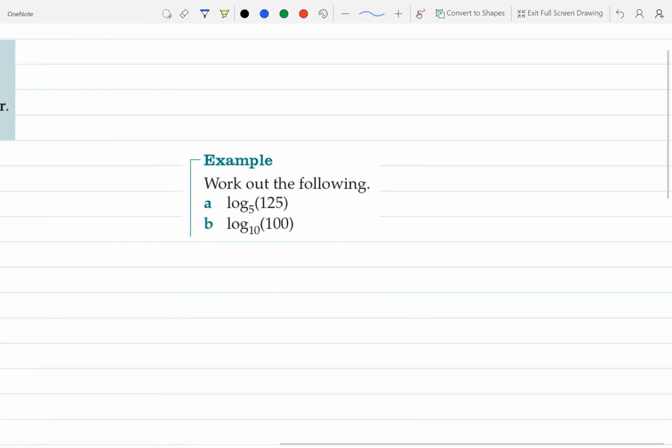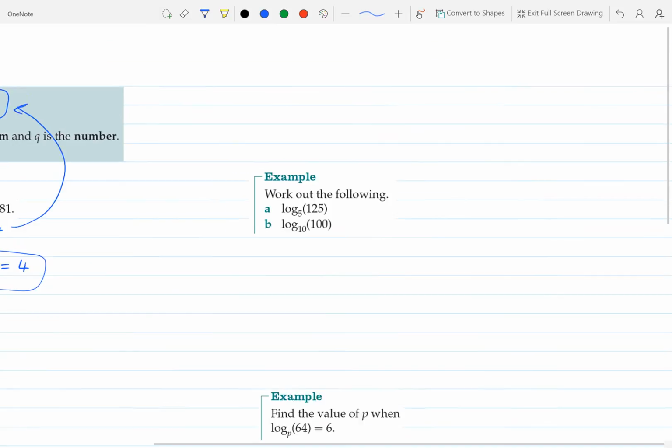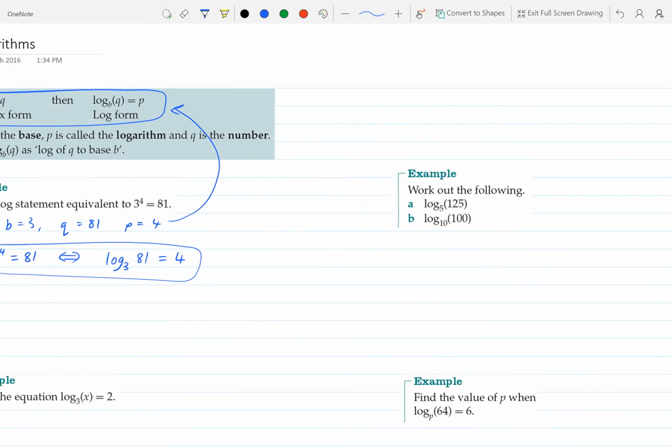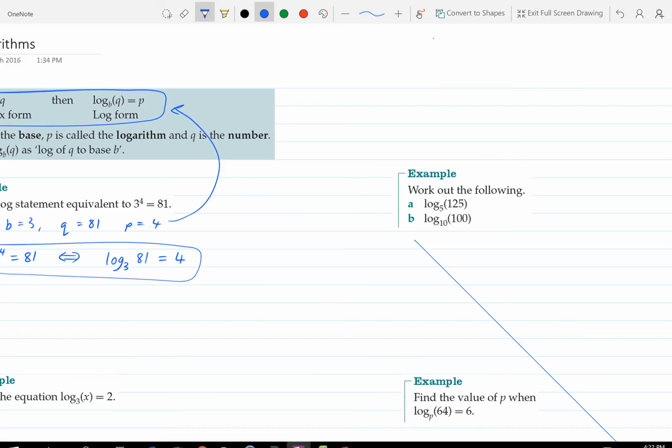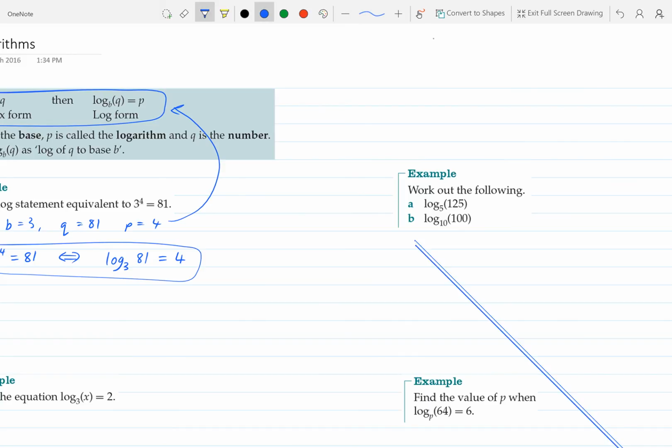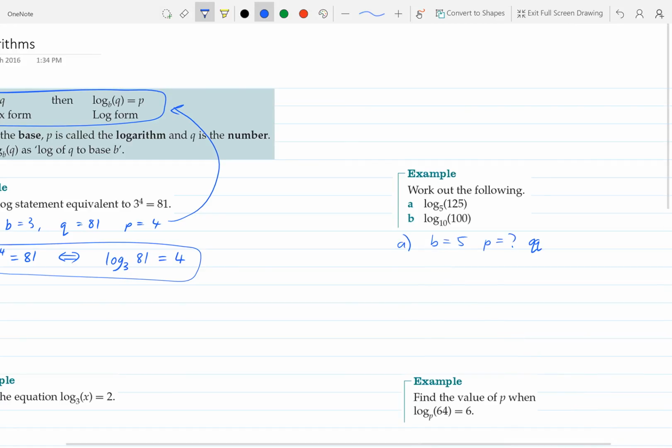Okay, so over here, working out the following. Once again, we want to identify what b, p, and q are. So for our first one, our b is going to be 5, and p we don't know yet, and then q is what we're taking the log of, so q equals 125.